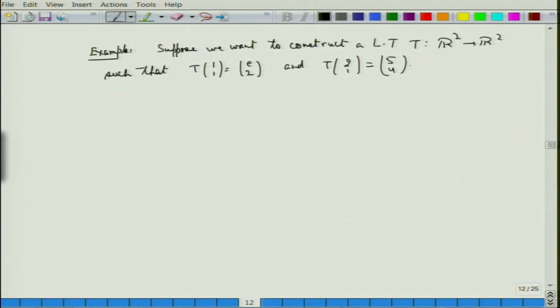Suppose you want to construct this. How do you go about it?